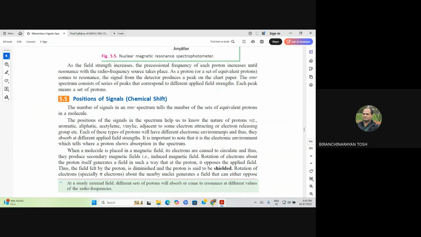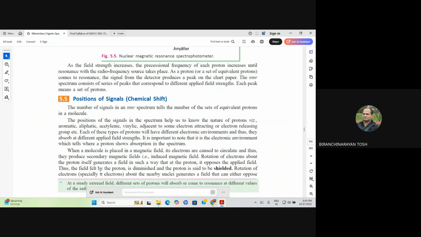When this field opposes the applied field at the proton, that is, the field due to the electrons opposes the applied field, what will happen?